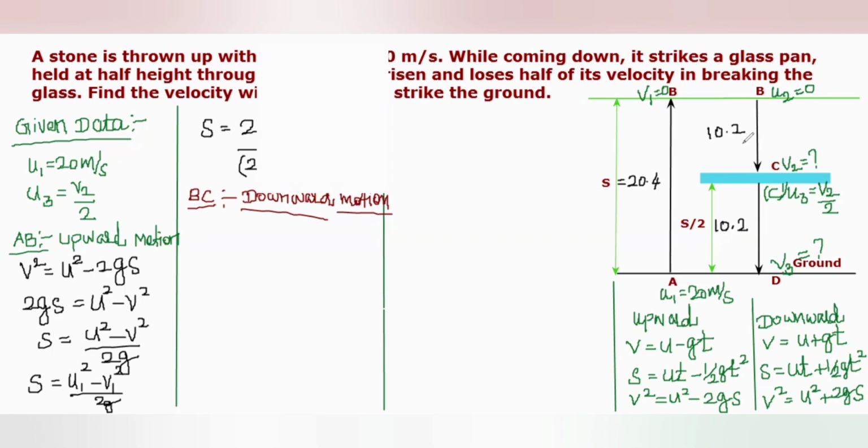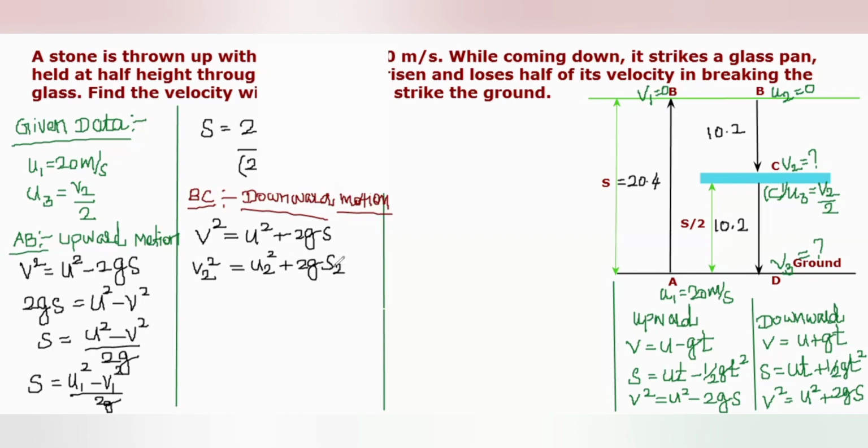We can calculate the V2 value by using the same equation, but for downward motion. So V square equals U square plus 2GS. Here we are going to find only V. So as per the notation, V2 square equals U2 square plus 2GS2.